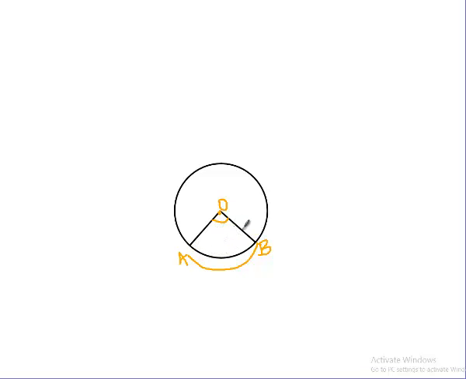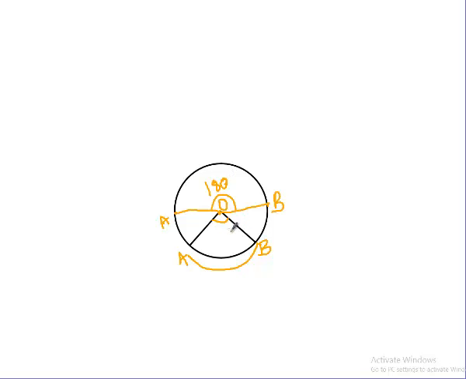And this angle could be any size depending on how far apart on the circumference points A and B are. Of course, if A and B were completely opposite to each other, then we would have a 180-degree angle.